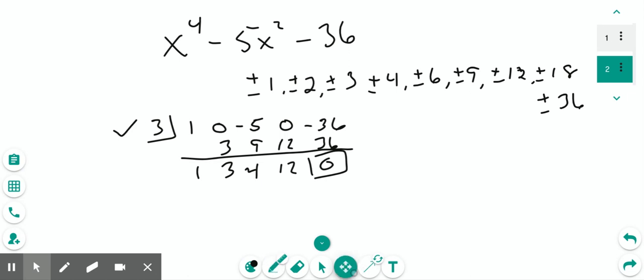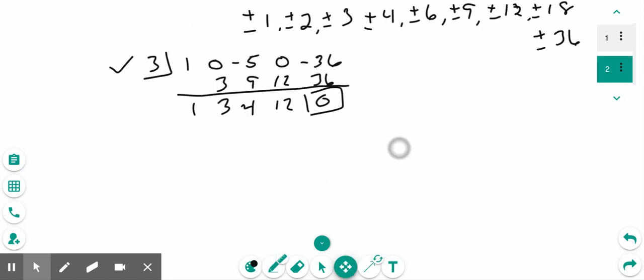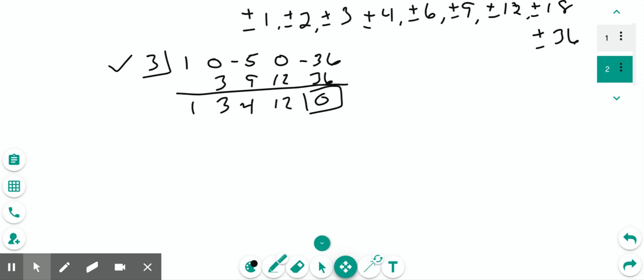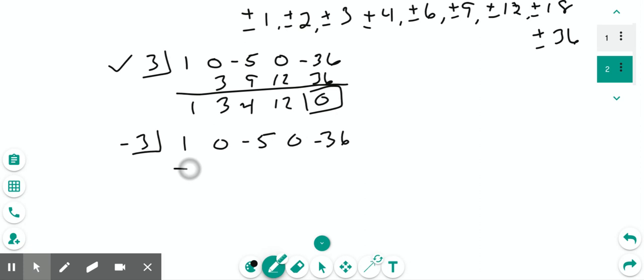Now, like I said before, I've done this, so we shortcutted some of the work. I'm going to go with -3 this time around, just to get these real zeros out of the way, so we can get down to a quadratic. 1, 0, -5, 0, and -36.